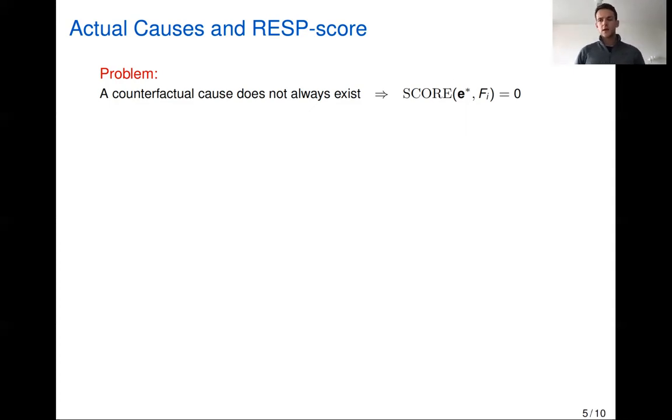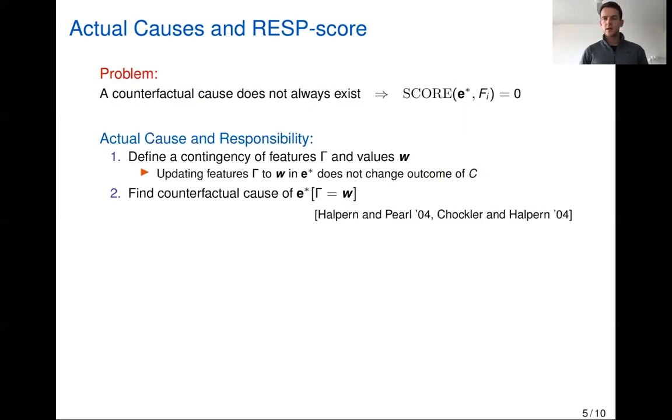And the reason for that is because changing a single feature is not always enough to flip the outcome of the classifier. So in the causality literature, there are 2 complementary notions, namely the actual cause and responsibility, which extend the notion of counterfactual causes. And in a nutshell, they work by defining a contingency.